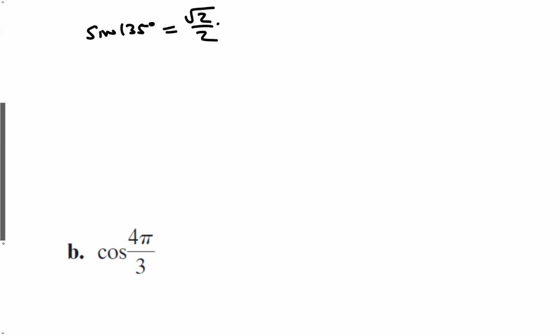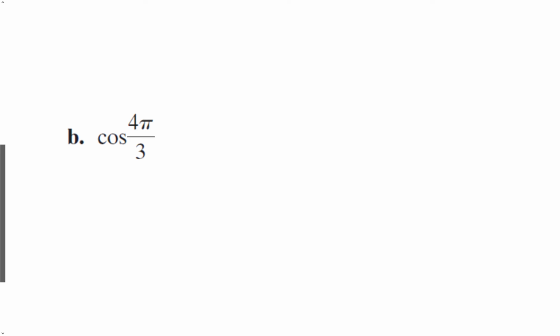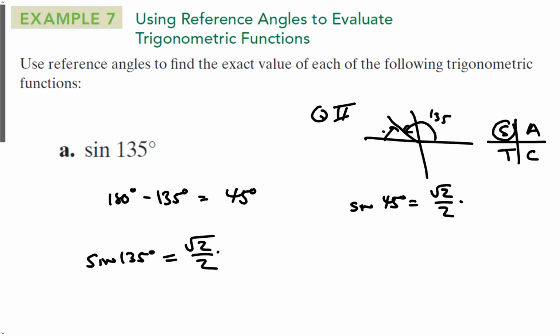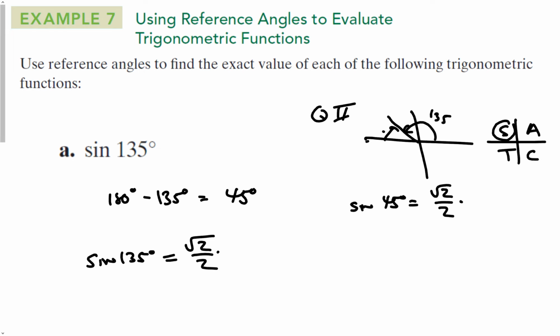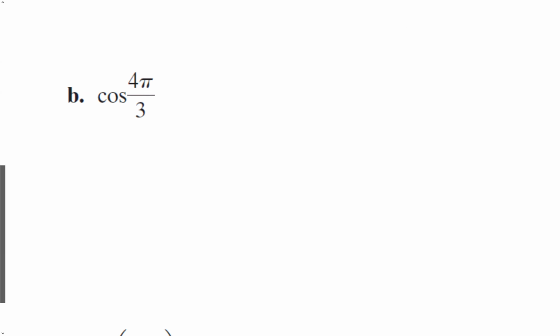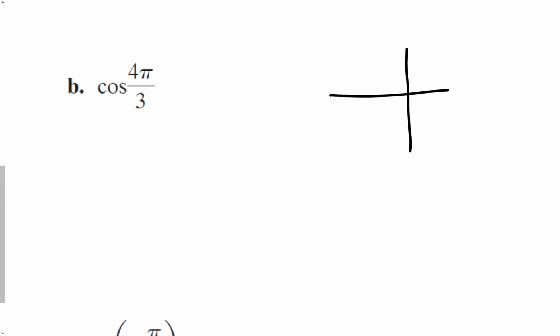Okay. Let's try one with a radian. Cosine of 4 pi over 3. Where is 4 pi over 3? Let's think about it for a second. 3 over 3 is 1 pi, so that's there.